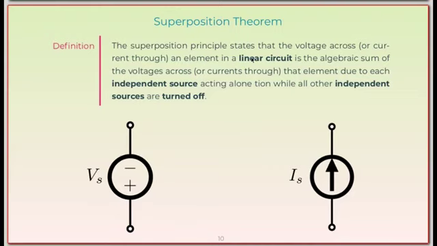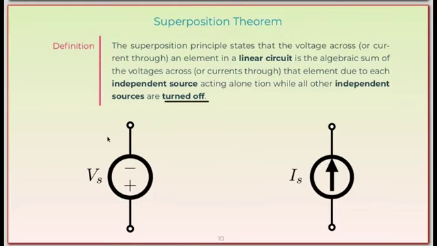Now here is a term, which is turning off. What do we mean when we say that we are turning off a particular device? It basically means that this voltage source or this current source will be removed. This will be out of the picture. The only thing is that it's going to leave behind its internal resistance.